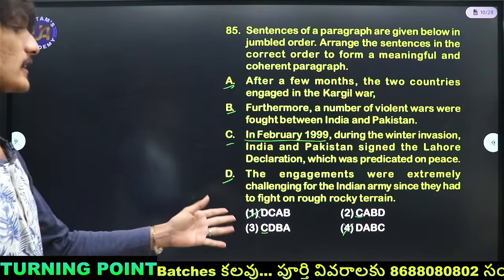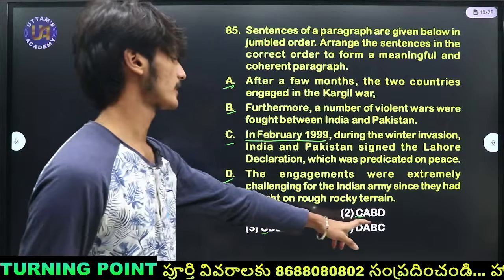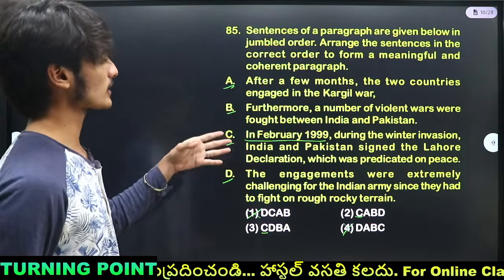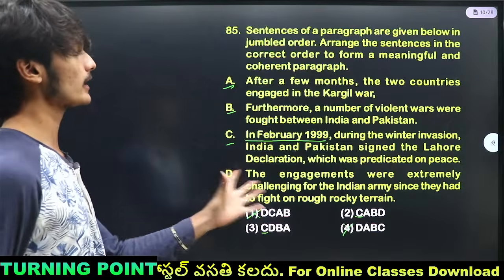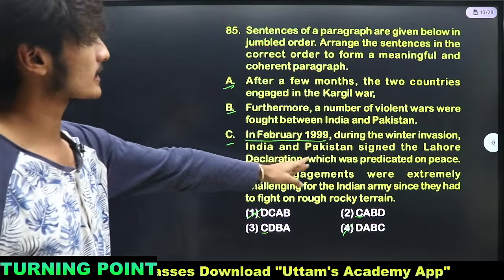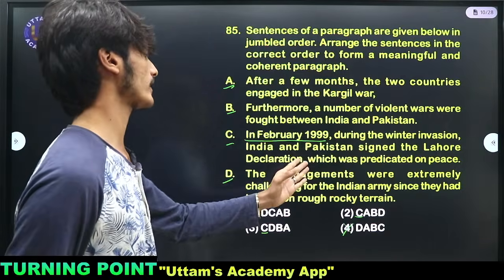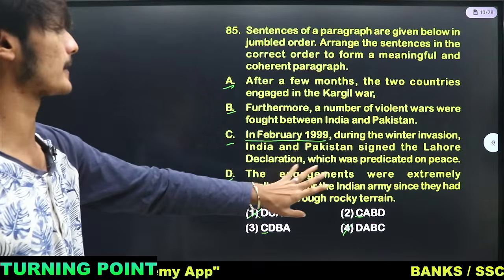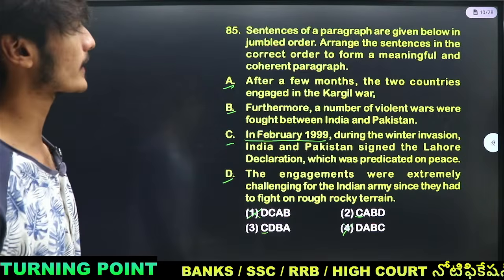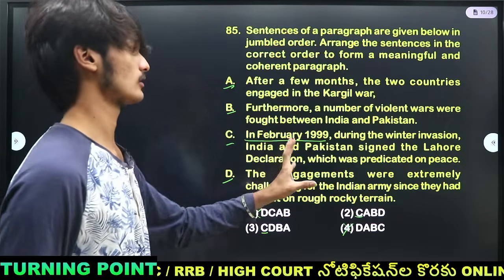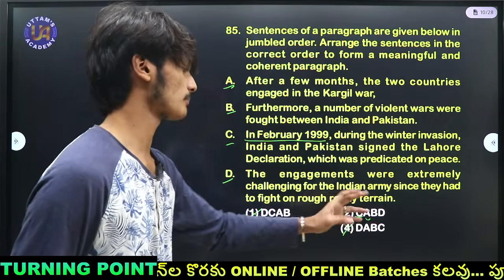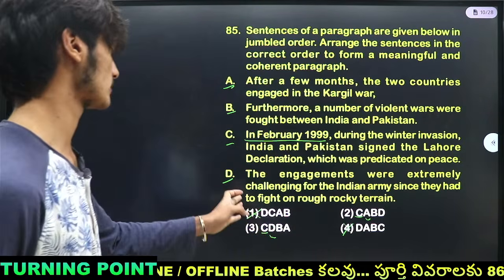Then after C, here we have D, here we have A. We must check which of the given sentences most suitably follows. In C, they said Pakistan signed the Lahore Declaration, which was predicated on peace. Coming to A, after a few months the two countries engaged in the Kargil war. So A matches. Let us see if D also matches.